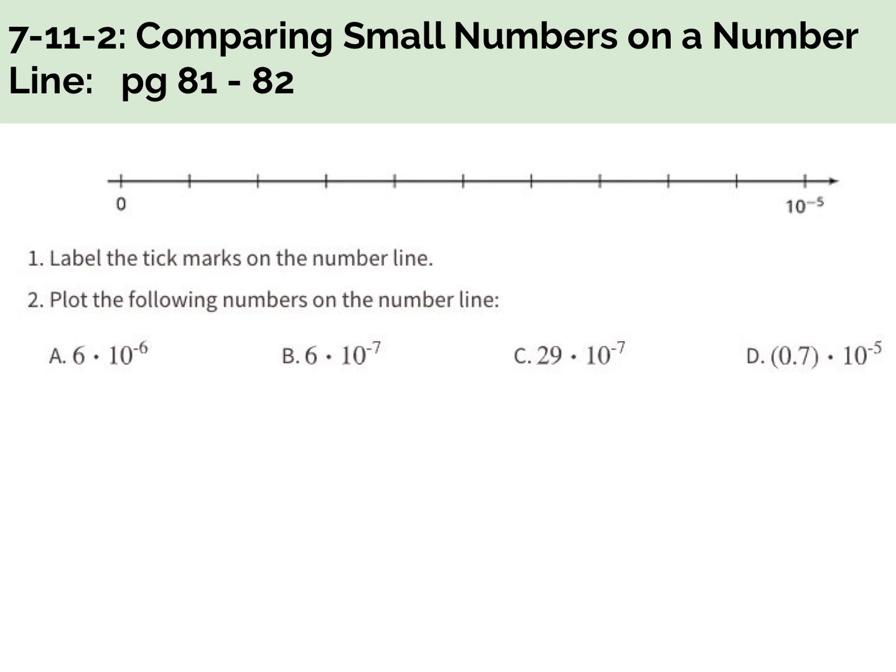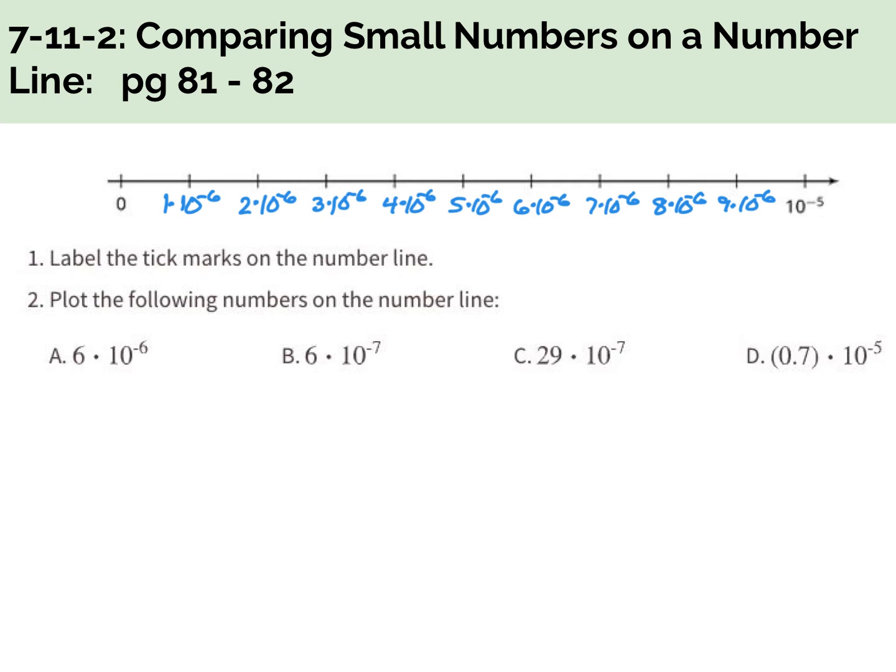So this first one can be 1 times 10 to the -6, 2 times 10 to the -6, 3 times 10 to the -6, 4 times 10 to the -6, 5 times 10 to the -6, 6 times 10 to the -6, 7 times 10 to the -6, 8 times 10 to the -6, and then 9 times 10 to the -6. So remember, this is kind of flipped as far as how we normally read this kind of stuff.